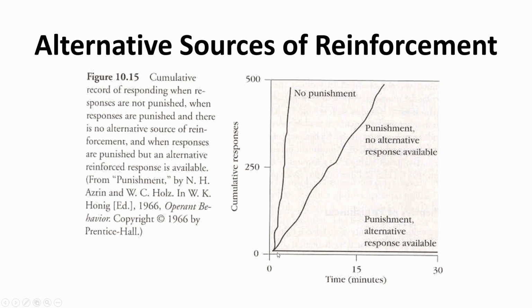But if we make the other lever also available, so they can press either the one that produces a loud aversive sound or the one that does nothing, we're going to see a lot less of that aversive lever being pressed and a lot more of pressing the other lever. By giving them an alternative response, they would choose the alternative over the response that leads to an aversive outcome.